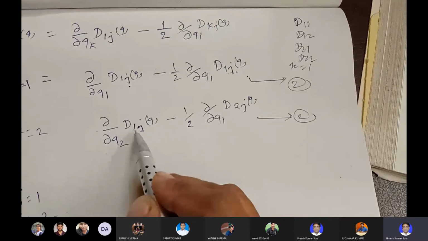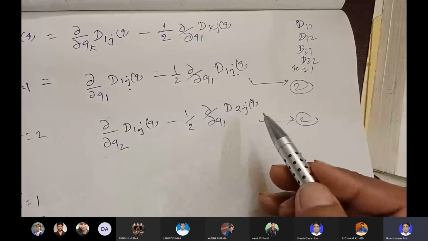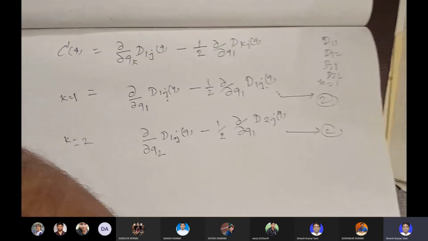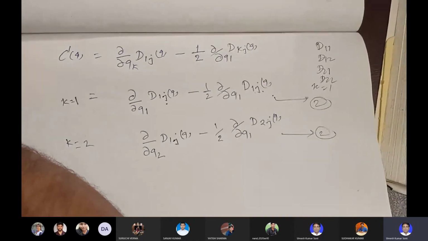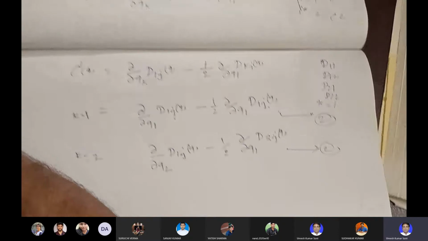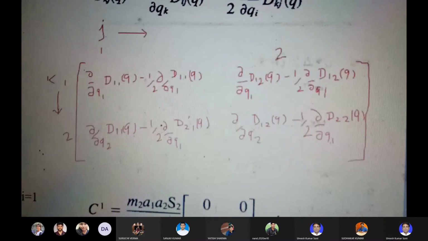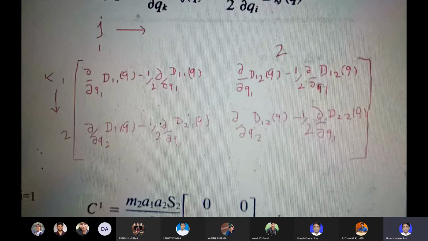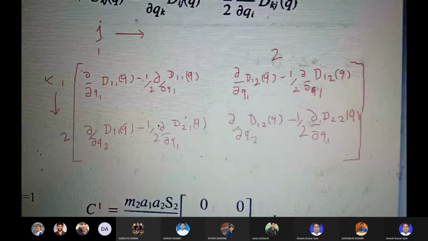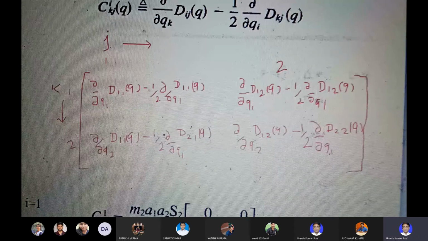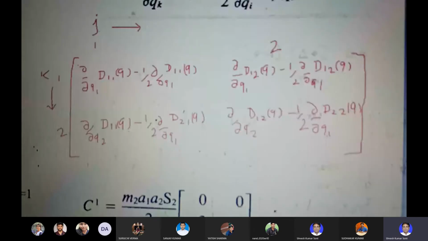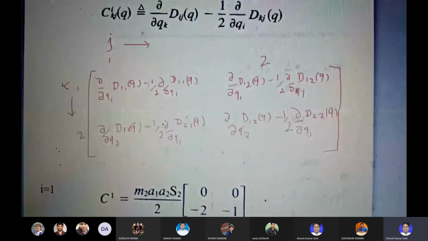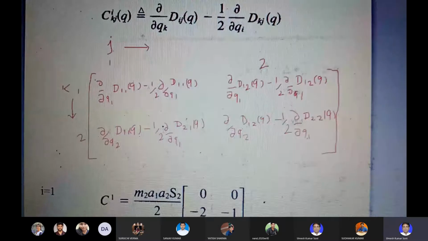Okay, so you have four different values of the matrix C1. That is, I am showing you. You note here. This is the value. Okay. So इसको आप नोट कर लीजिए. J is varying 1 to 2 and K is varying 1 to 2. Okay.